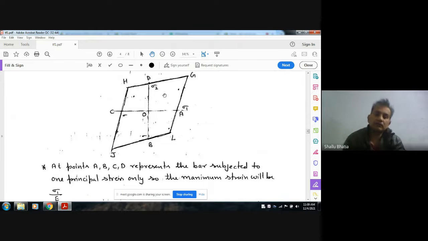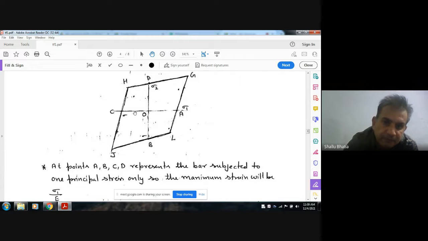But sigma 2 is also tensile in nature in the first quadrant, so it will compress the material. So at this point sigma 1 can be more than sigma ultimate, because sigma 2 is compressing the material to bring the same strain. So the graph will be slightly inclined like that.